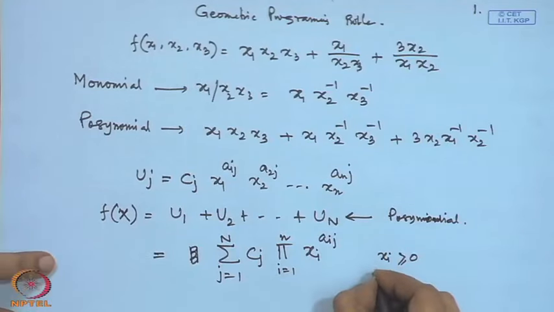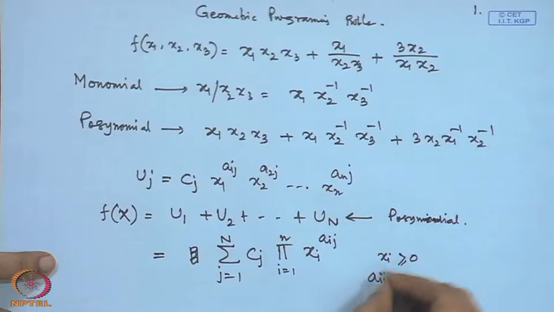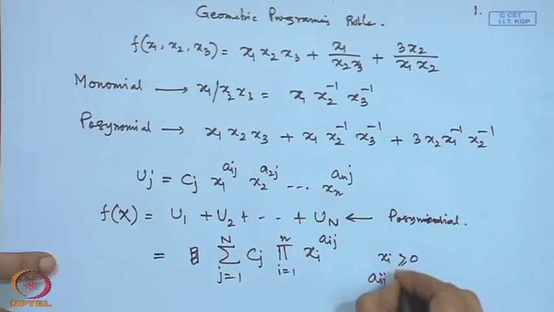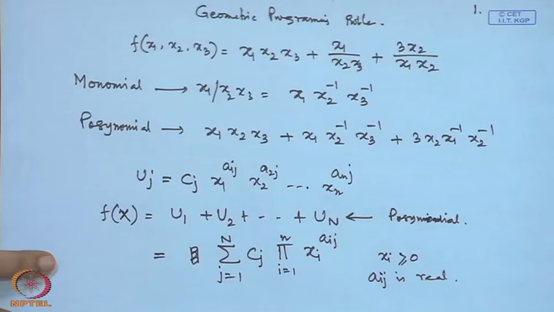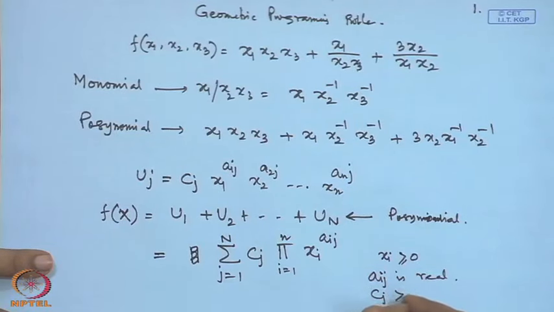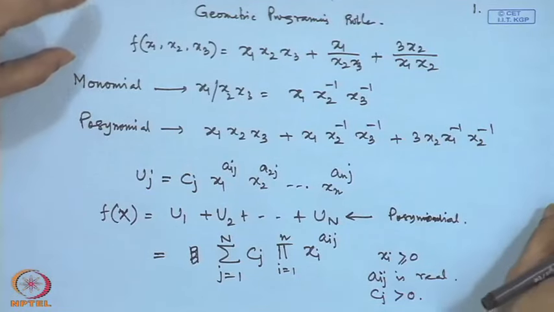For the posynomial, the basic consideration is that aij is real. It could be positive or negative, but we consider Cj as positive coefficients, then only it is a posynomial. There are more general kinds of functions, called signomials, but we are not considering those at this stage.